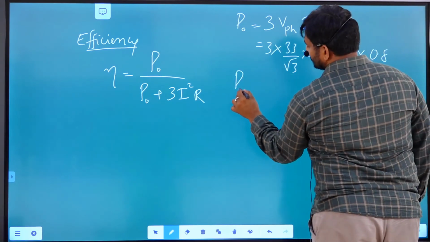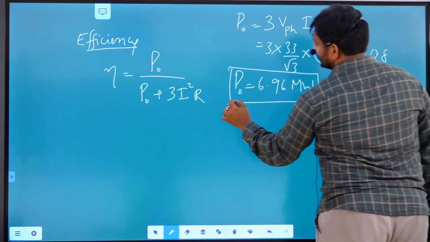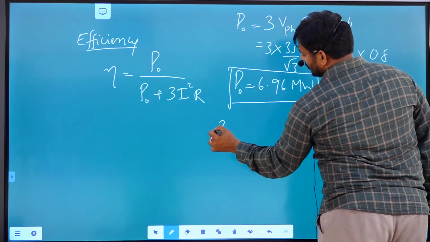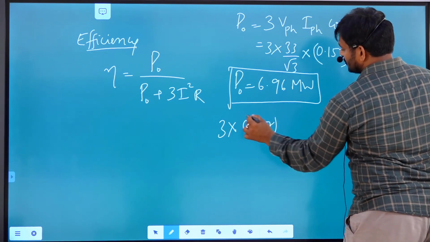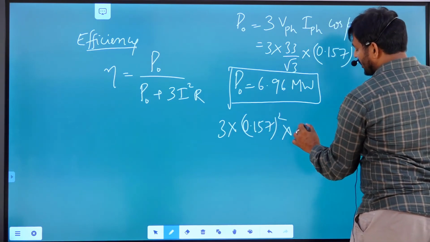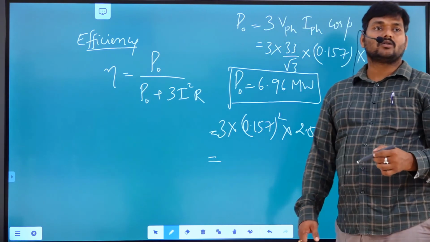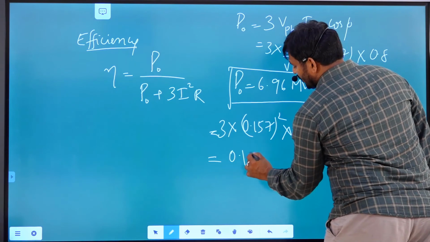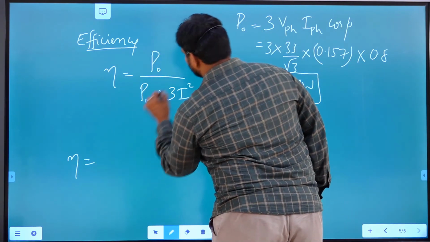If you calculate this you will get 6.96 megawatts. Losses is 3 into I square, 0.157 whole square, into R is 2.5. So losses is equal to 0.185 megawatts.